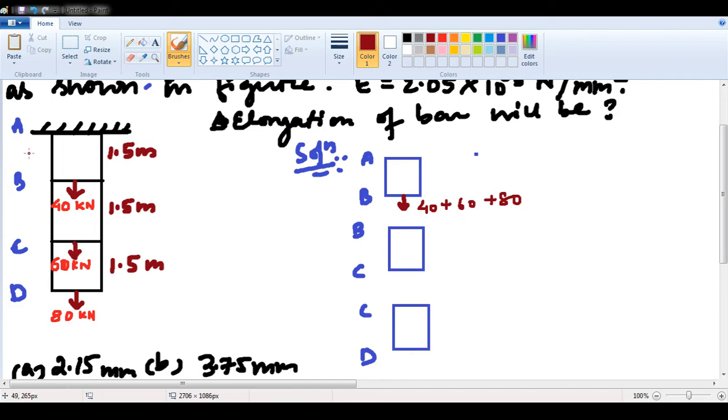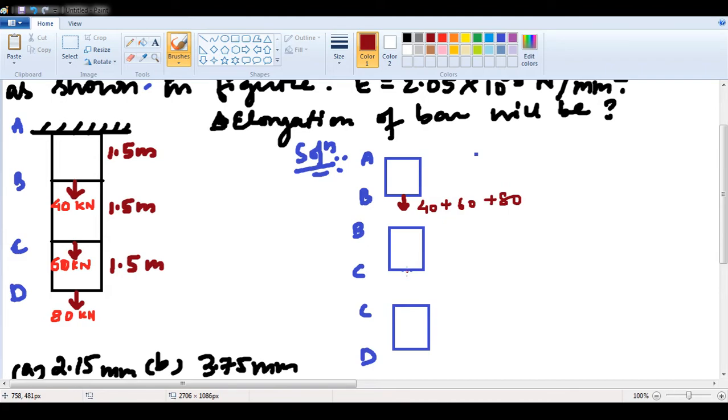It means what? If you were alone, you would have taken a load of only 40 kilonewton. But if one more person joins you, what happens? The total load exerted by your body is 40 plus 60. If one more person joins you, your total load that you need to exert is how much? 40 plus 60 plus 80, right?